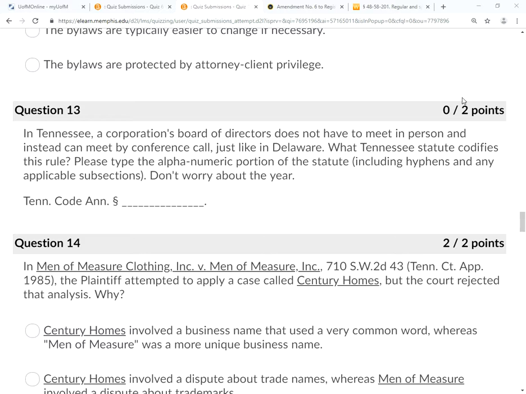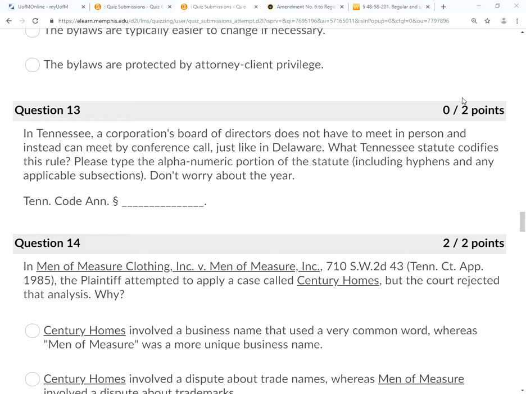I believe I submitted the correct answer. In question 13, in Tennessee, a corporation's board of directors does not have to meet in person and instead can meet by conference call, just like in Delaware. What Tennessee statute codifies this rule? Please type the alphanumeric portion of the statute. Include hyphens, applicable subsections. Don't worry about the year.